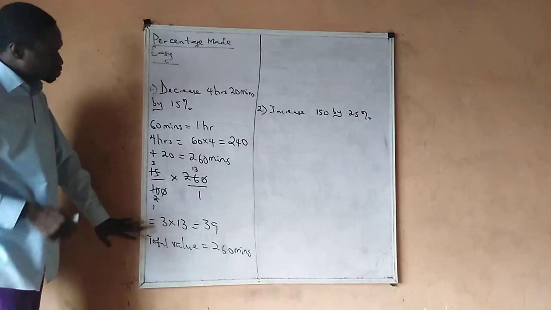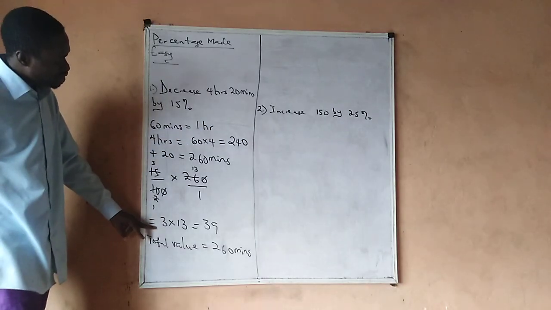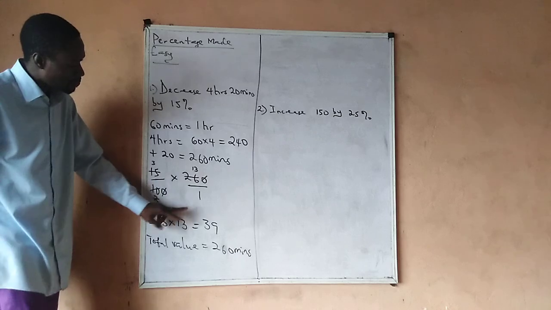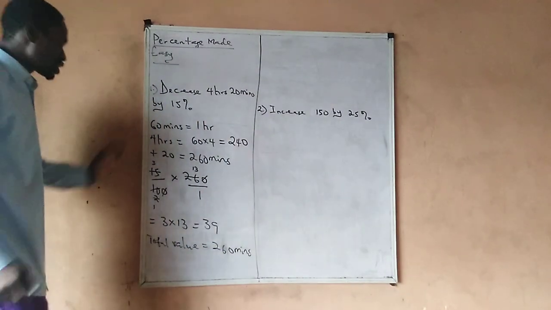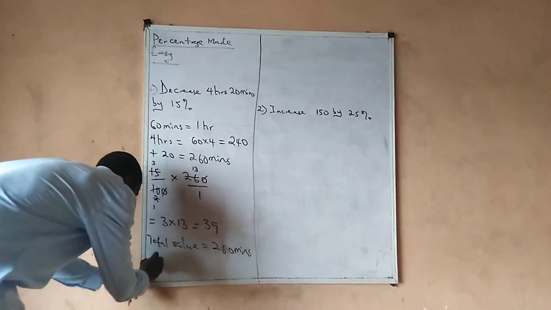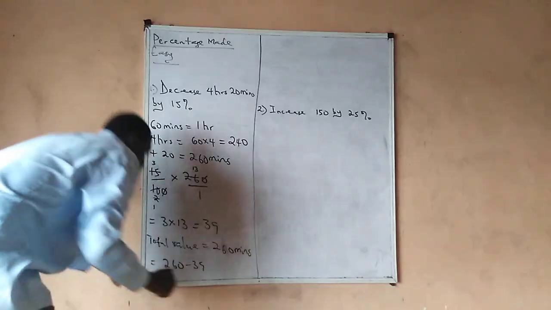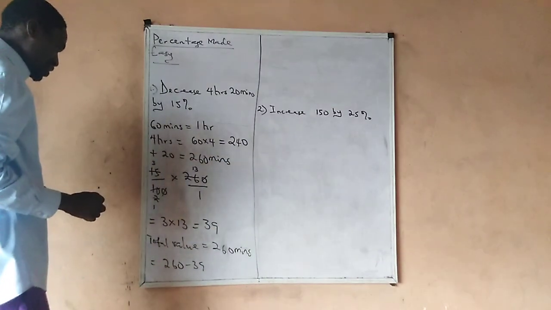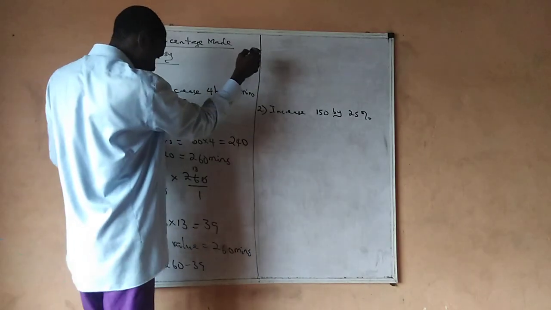So what we're going to do now, we're going to subtract this answer from this. If it is increase, you are going to increase. So that will be 260 minus 39. Let's see what that will give us.